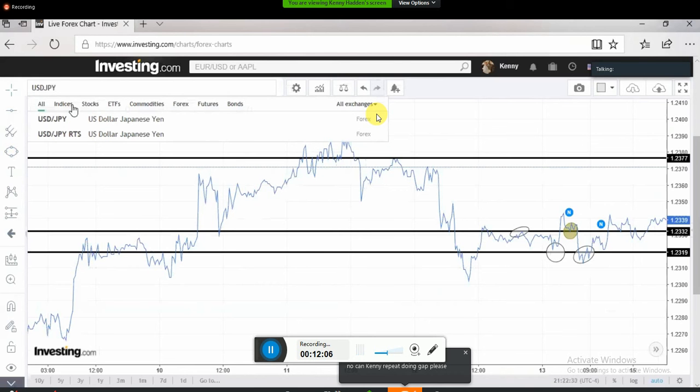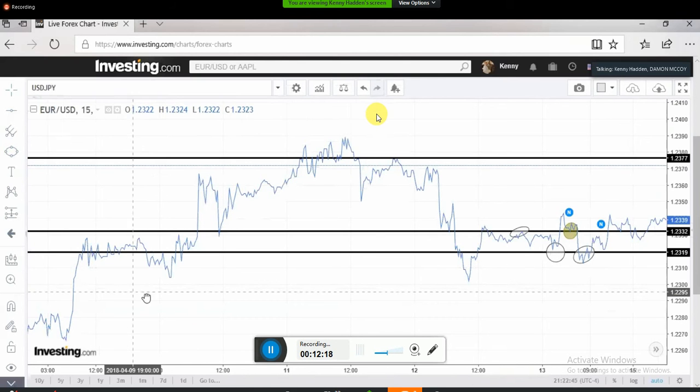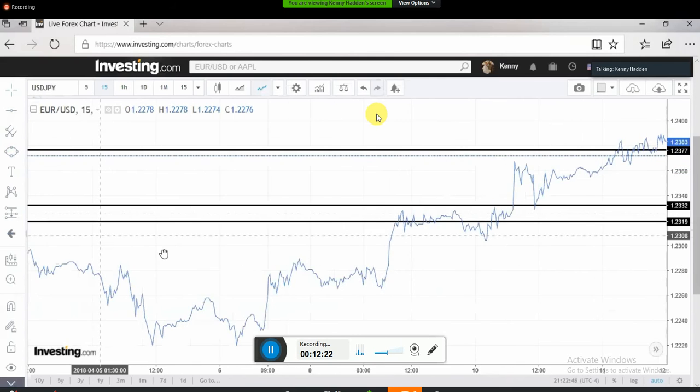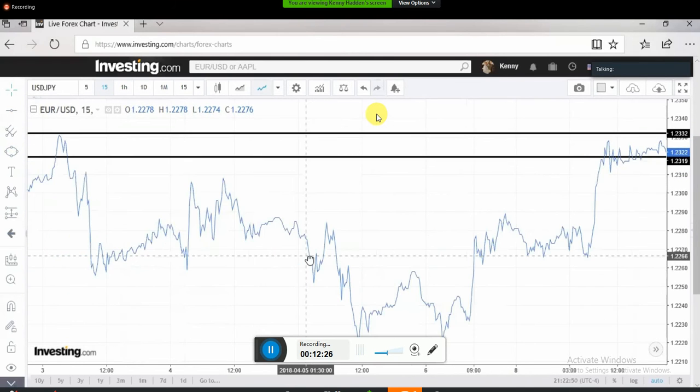Someone says, can you repeat the gap on the screen? Can you show? Okay. Yes. I'm gonna have to go back and try to find a better example.